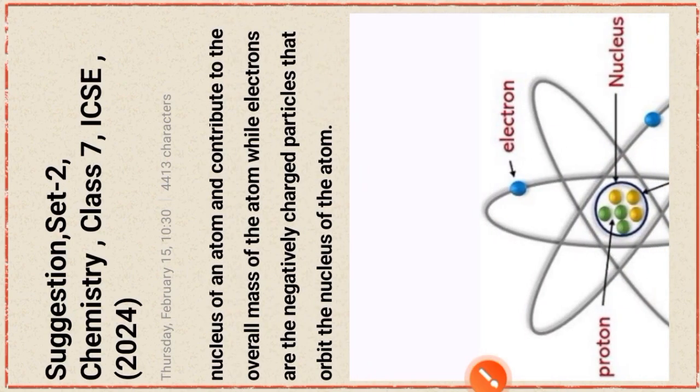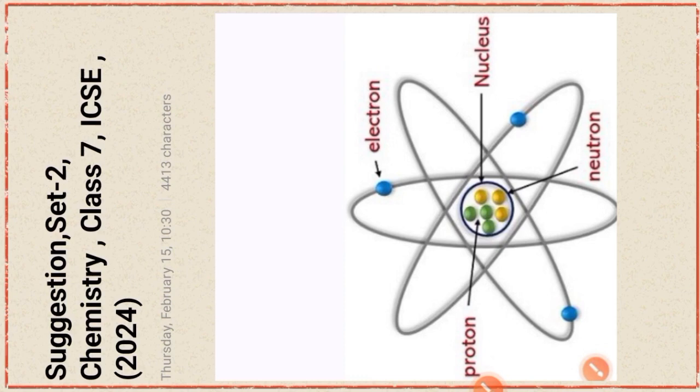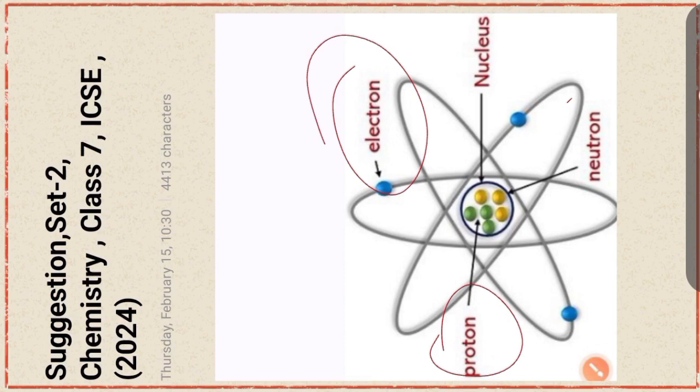Show the picture of how electrons, protons, and neutrons are situated. Proton is positive charge, electron negative charge, neutron zero charge, and the nucleus is the presence of proton and neutron.